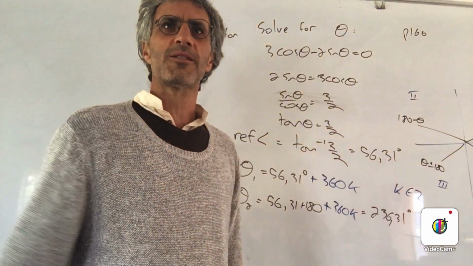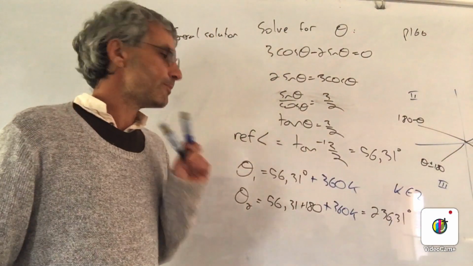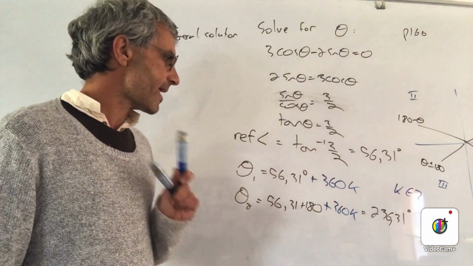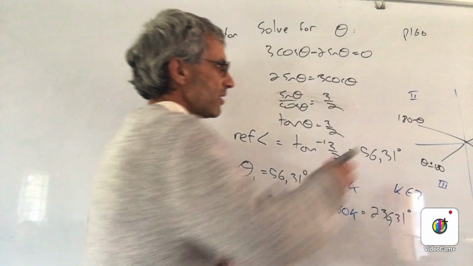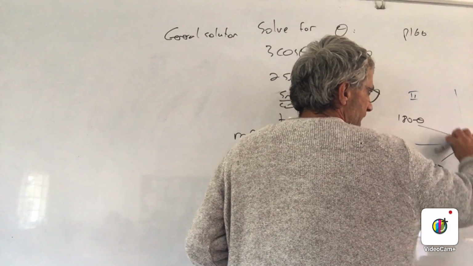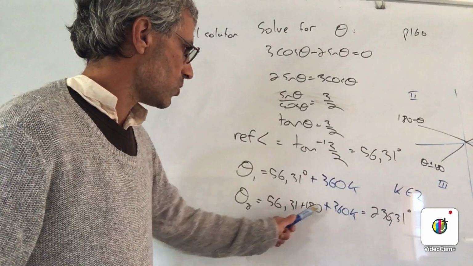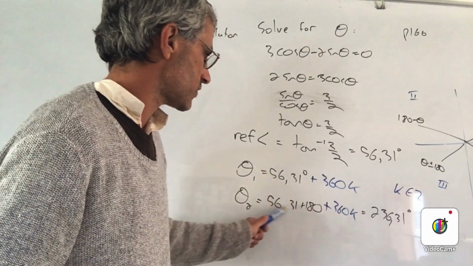And now, yes, Simon, what do you want to say? 180. All right. So when it comes to tan, we can always just add 180. Instead of adding 360, I can add just 180. Okay? If you notice that, how did I get to 236? I just added 180.